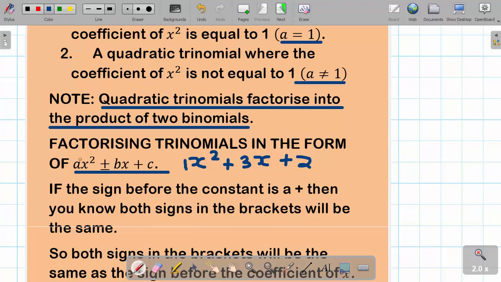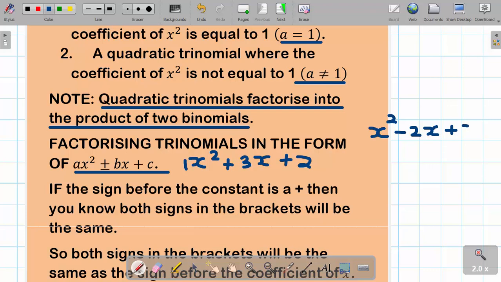Then another example could be x squared minus 2x plus 3.